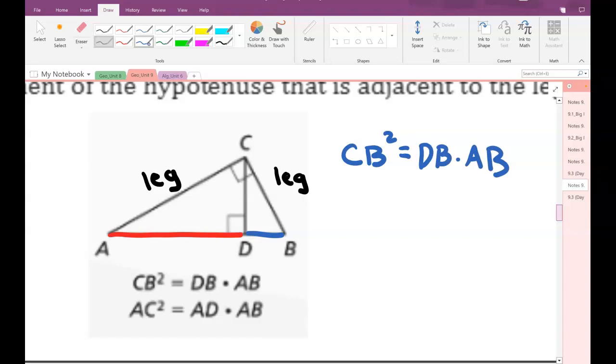And just like if we were looking at AC, the red segment of our hypotenuse is the one adjacent, so we take the length of AD times the full length of our hypotenuse. This one I think is a little more tricky just because there's more vocab and parts, like I said. So when I use this theorem specifically, I'll make sure that I'm making that distinction as to when I'm using it and why I'm using it.